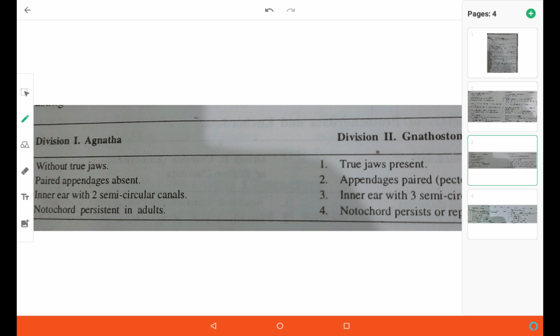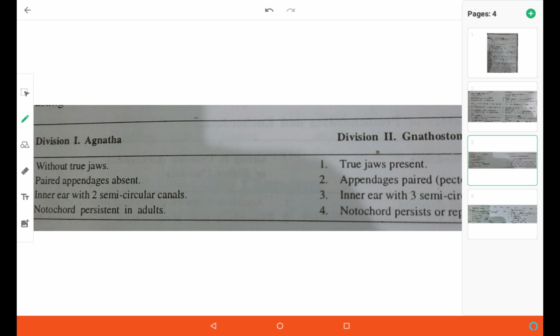Only a circular suctorial kind of mouth was present in cyclostomata, and ostracodermi had a fixed mouth. True jaws are present in gnathostomata. In gnathostomata, we include 7 classes. Those include placodermi, chondrichthyes, osteichthyes from pisces superclass, and amphibia, reptilia, aves, and mammalia from tetrapods.